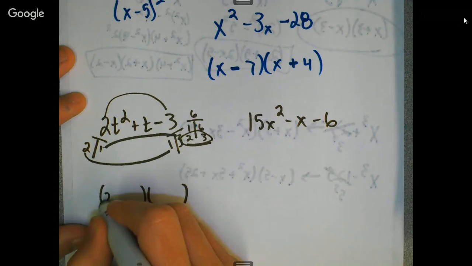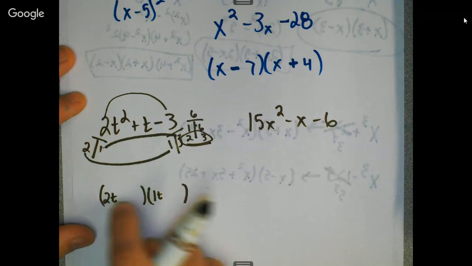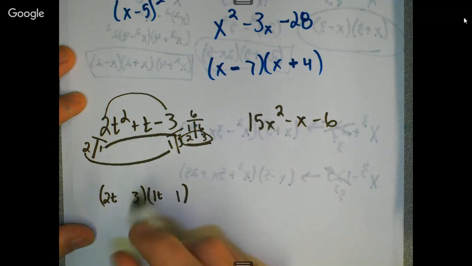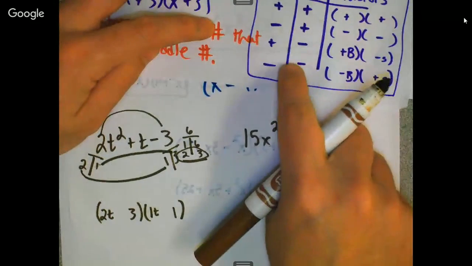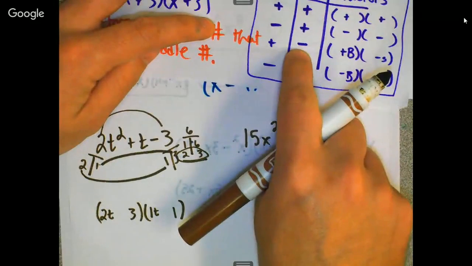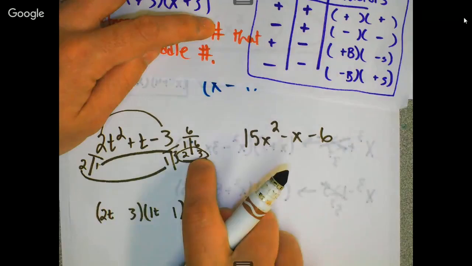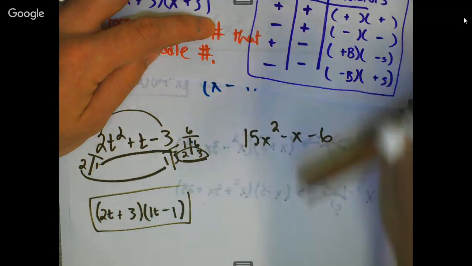So that's 2t and 1t. Using your sign chart, signs are different, and the bigger number is positive. This 3 right here is positive. So that's plus, minus, and there's your answer.